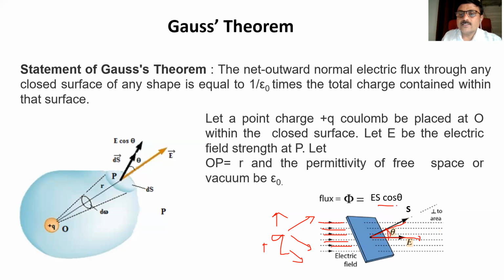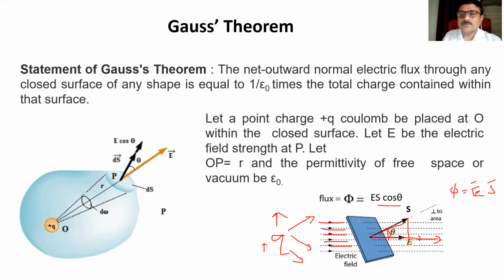Now remember that this S cos theta is the component of S along the electric field direction. So along this direction, if you take the component of S, then it will be S cos theta. It is the effective component, because we have seen that electric flux is nothing but the dot product of the electric field and a surface.